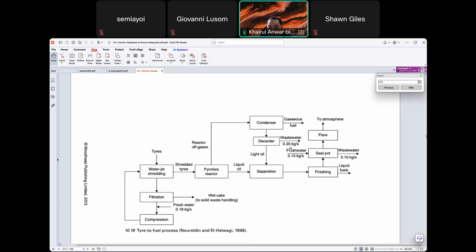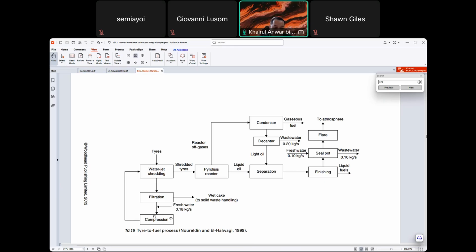This is the water. Okay, so the water demand is here. Fresh water goes after the filtration, mixed with the filtrate regenerated. This is a regeneration.